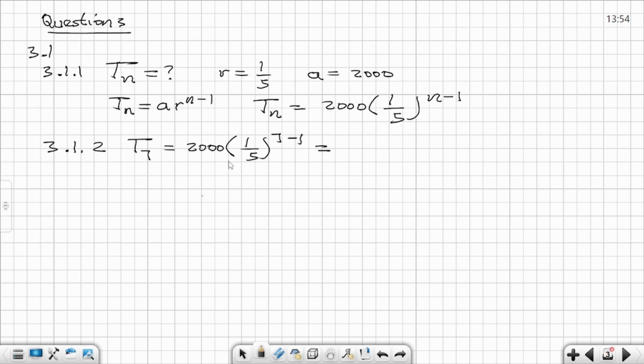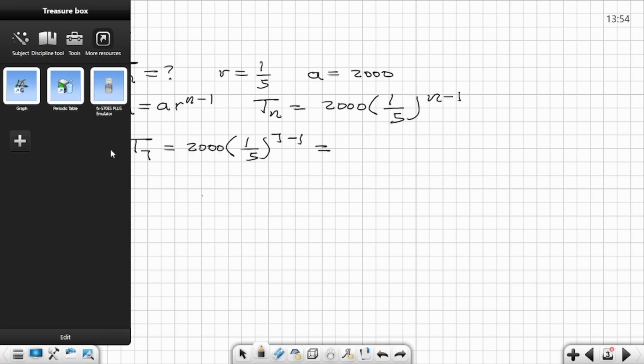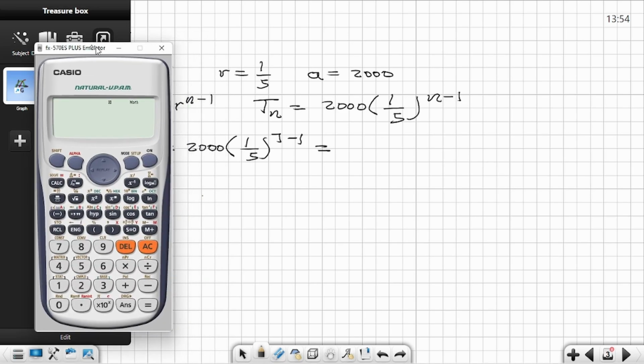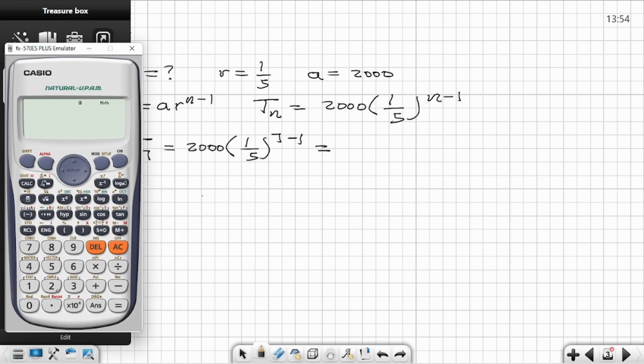So what is T7? We're going to plug this in our calculator quickly. So I've got my calculator there. You have 2000 times, in bracket, 1 over 5, close your bracket, and then to the power of 7 minus 1.